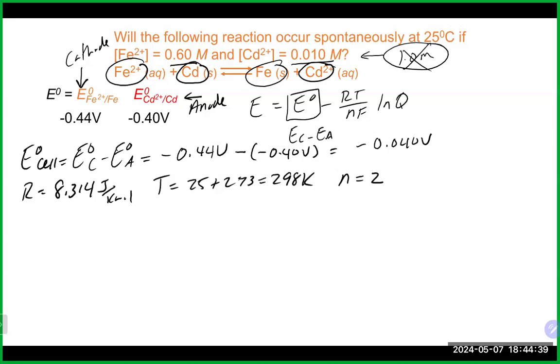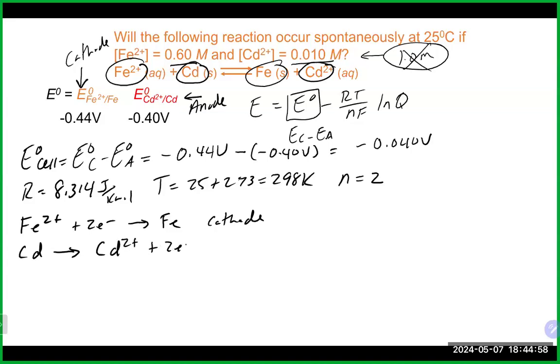Again, we know that our iron is our cathode, which means it's going to accept 2 electrons to become this guy, and that's our cathode reaction. Our anode reaction is our cadmium will give off a couple of electrons. And again, our n value here is going to be 2, not 4, so we're not going to add them together. F is a constant, which is 96,500.